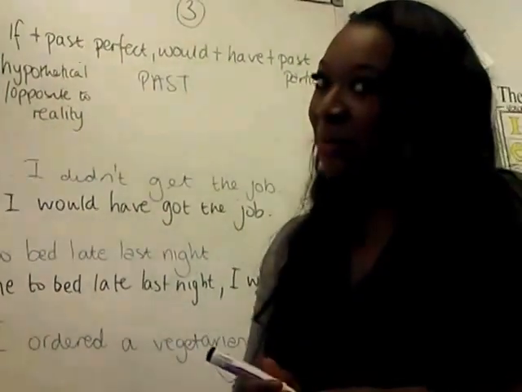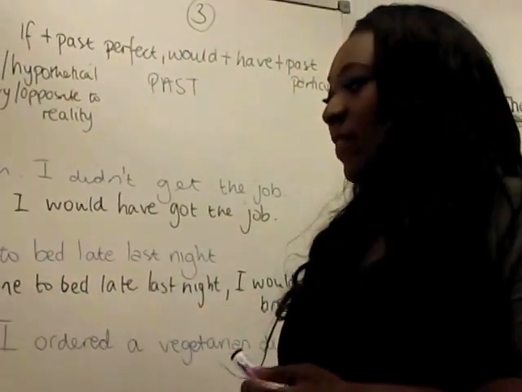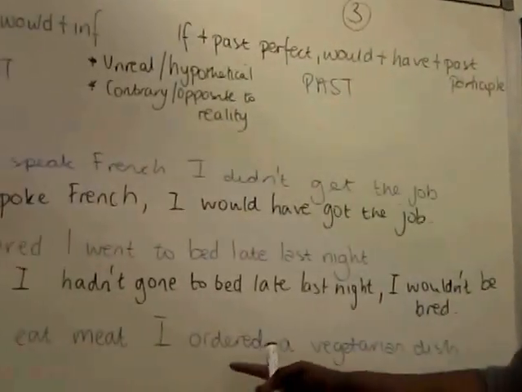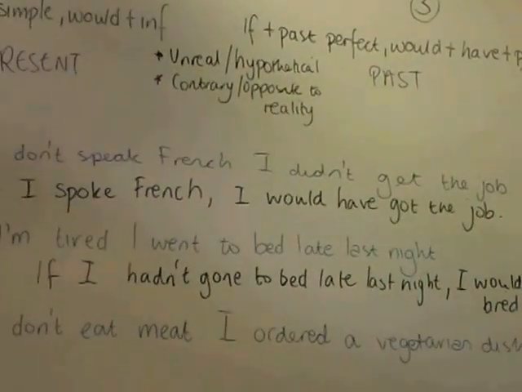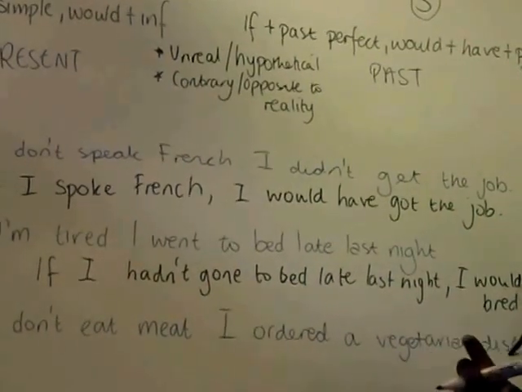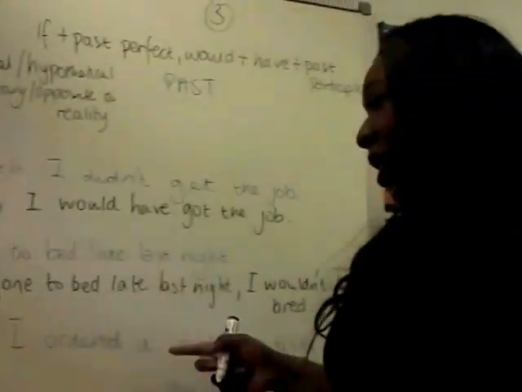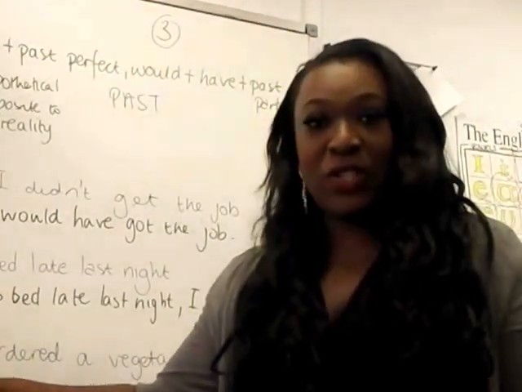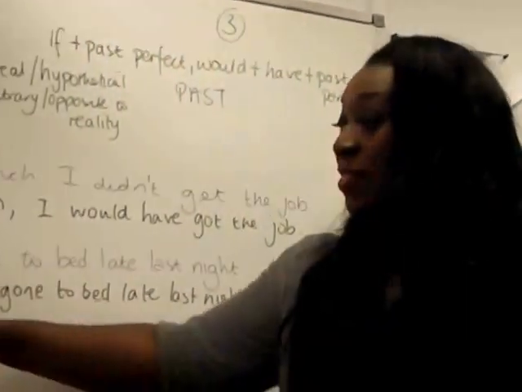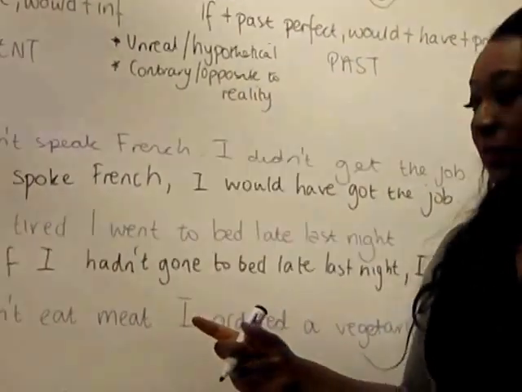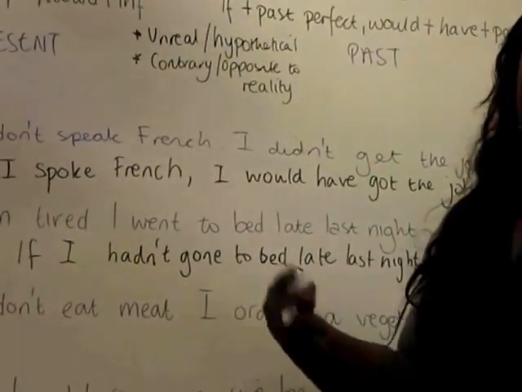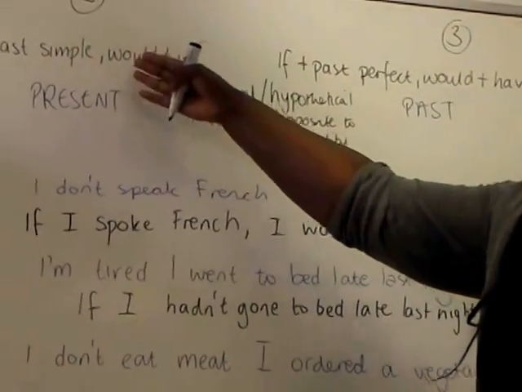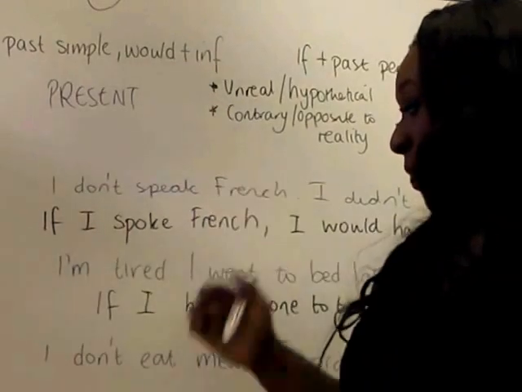What about sentence number 3? I don't eat meat. So I ordered a vegetarian dish. Which is the cause and which is the result? Well, I ordered a vegetarian dish because I don't eat meat. So this is the cause and this is the result. This is going to use the if structure. I don't eat meat when? Present. So I look at my second conditional for my if clause.